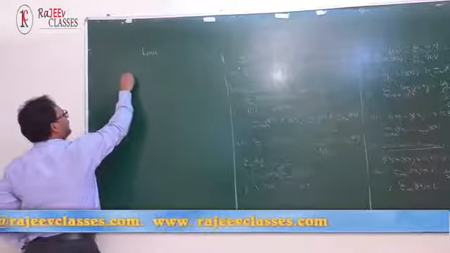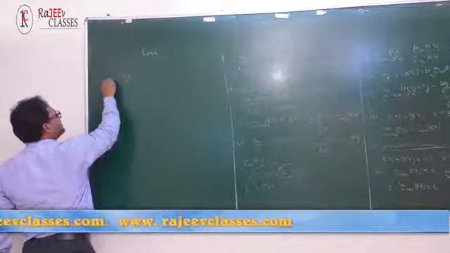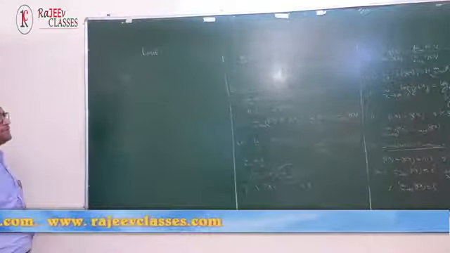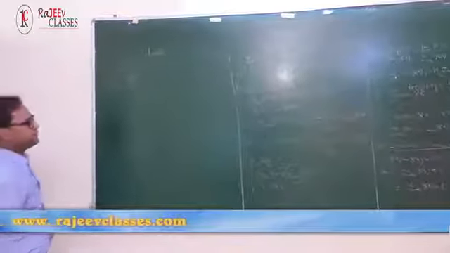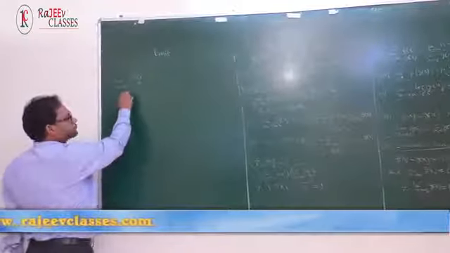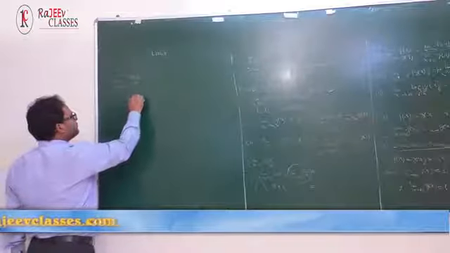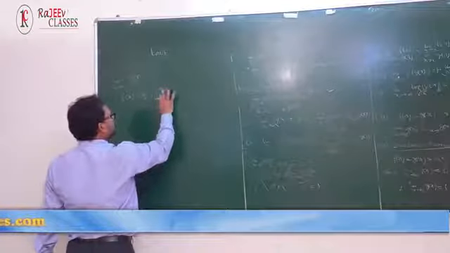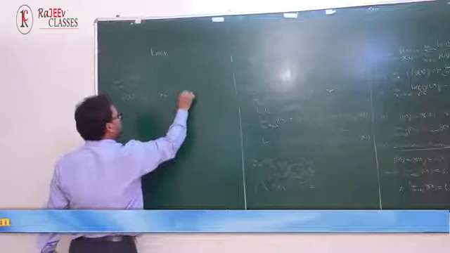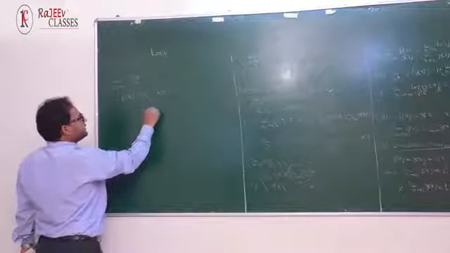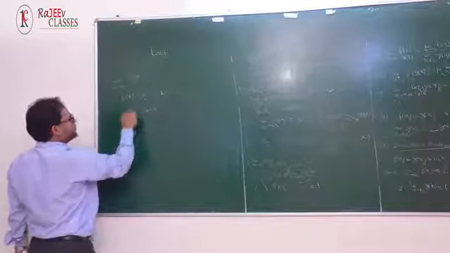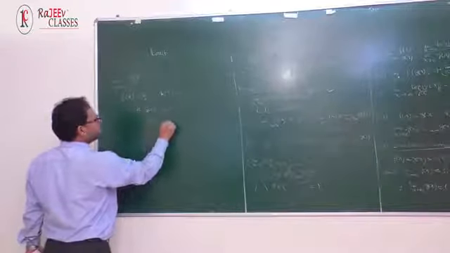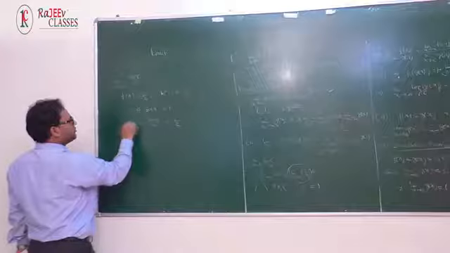Suppose we want to find the limit of sin x by x as x tends to infinity. How do we find this using the sandwich theorem? What is the limit of this quantity? Now I am taking f(x) as minus 1 by x and h(x) is equal to 1 by x, because we know that sin x is less than or equal to 1 and greater than or equal to minus 1. Now multiplying by 1 by x, we get minus 1 by x less than or equal to sin x by x less than or equal to 1 by x.